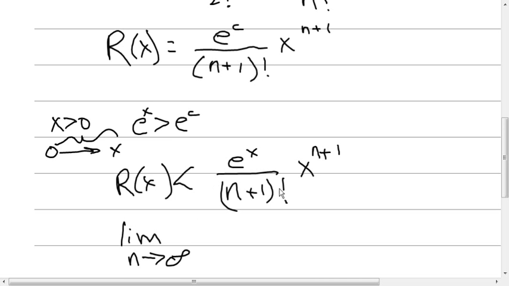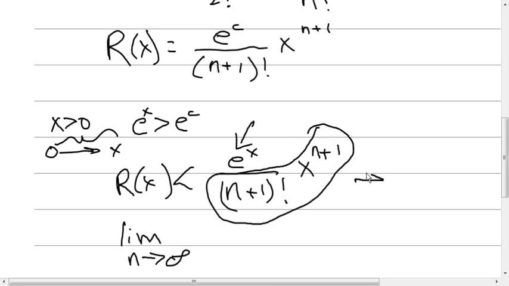Well, we already know what that is, because this is just x raised to the power divided by n factorial, or n plus 1 factorial. So we know that this part right here is necessarily going to 0, no matter what this is. No matter how big x is, this is going to 0, and it's going to cart along this finite number to 0.